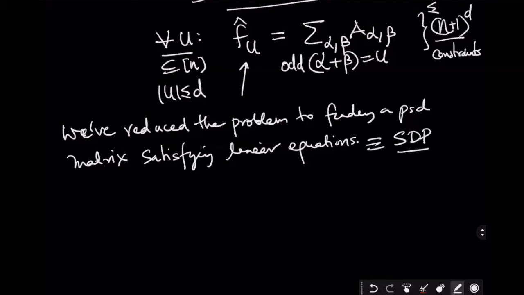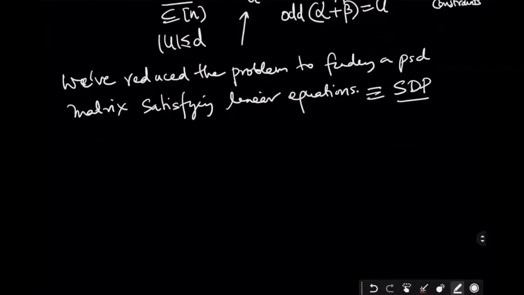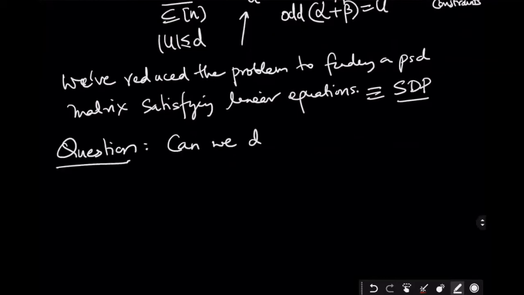And so, the first thing we can ask is, given such a system of constraints on a PSD matrix, the first question we should ask is, can we decide feasibility of the system?